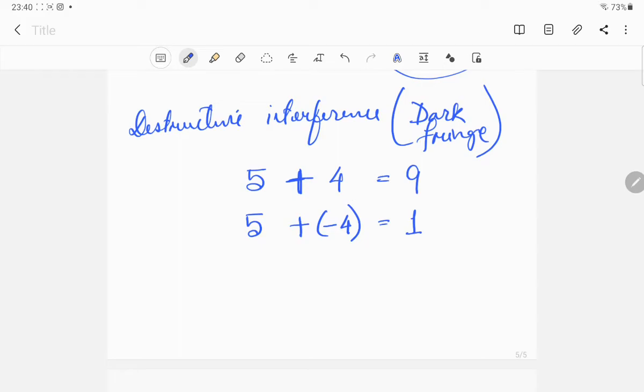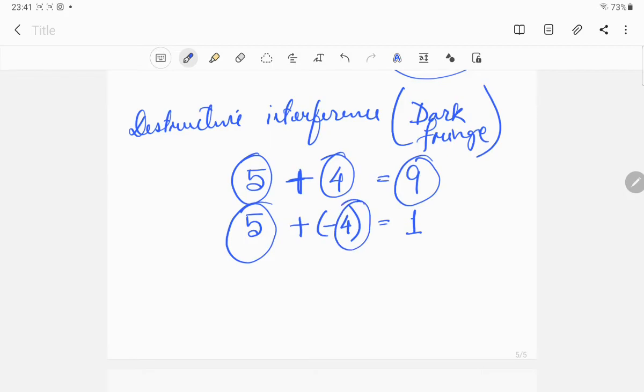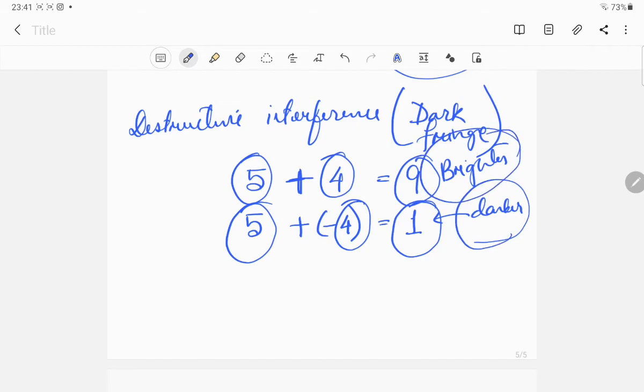So here the individual strengths of the waves are 5 and 4, but when they add up they are opposite to each other, so they will not brighten each other, they will in fact counter each other, so it will be weaker and appear darker. The other case appears brighter. So this is called destructive interference and this is called constructive interference.